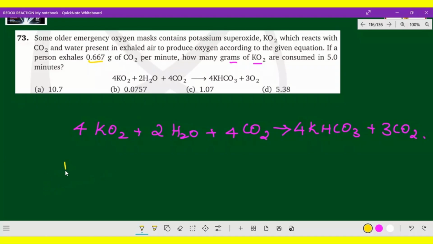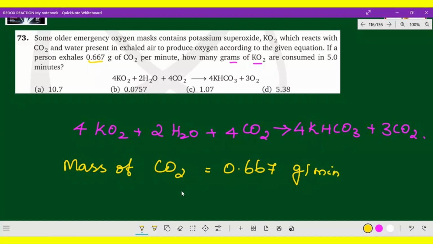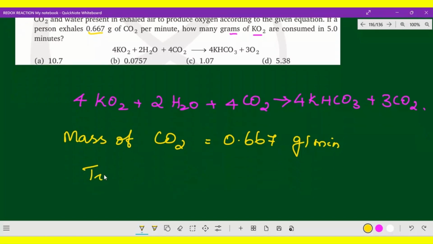So mass of carbon dioxide is 0.667 gram per minute. So how much time is taken? The time taken is 5 minutes.